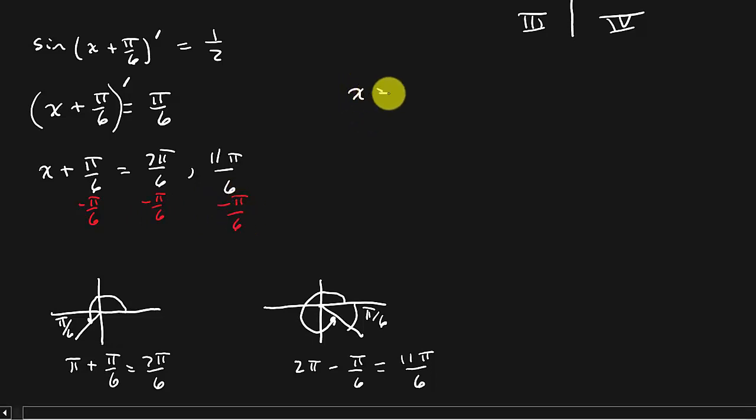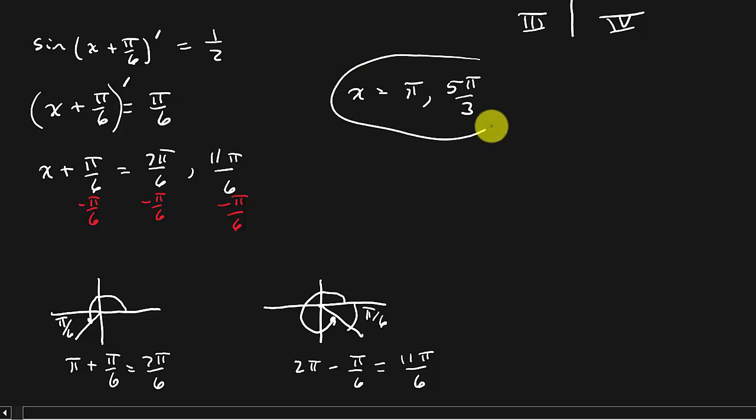So x is equal to 7 pi over 6 minus pi over 6, which is 6 pi over 6, which is pi. And then 11 pi over 6 minus pi over 6 is 10 pi over 6, which is 5 pi over 3, I believe. Yeah, 5 pi over 3. And so that's my answer.